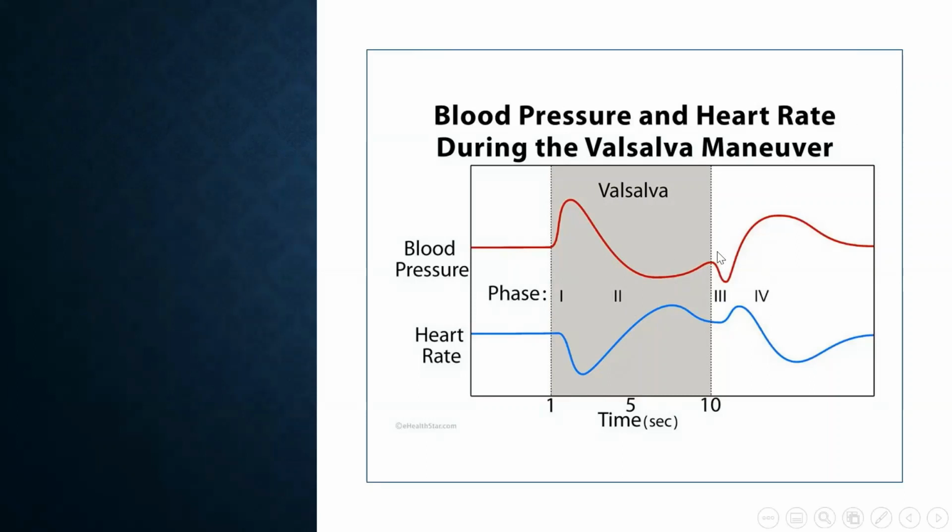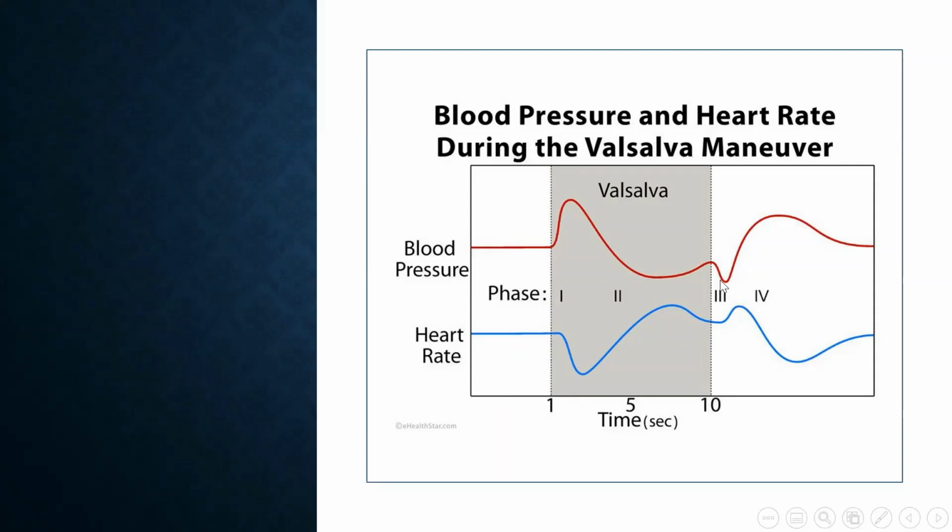After you release in phase 3, you release the pressure. Initially there is a further drop in the cardiac output because there are still remnants from the maintenance phase, and then the venous return will come back to the heart.